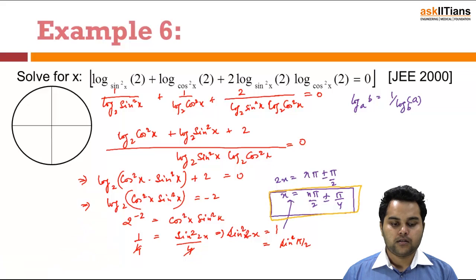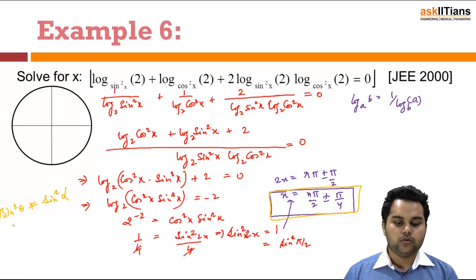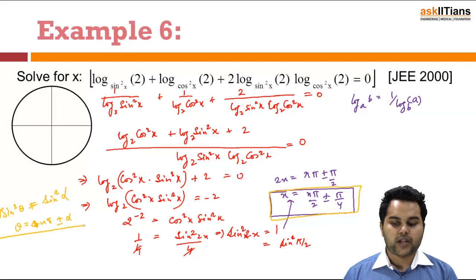As sine square theta is equal to sine square alpha, the solution was theta is equal to n pi plus minus alpha. So this is applied, and hence we get this solution.